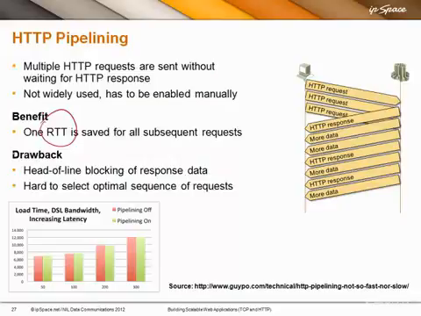By the way, someone did a really nice measurement a while ago. He was using DSL bandwidth, and latency was 50, 100, 200, 300 milliseconds of round-trip time. And you can configure pipelining in some browsers, at least on Firefox. You have to do this manually. And his results were interesting. He saw almost no improvement in real-life websites.